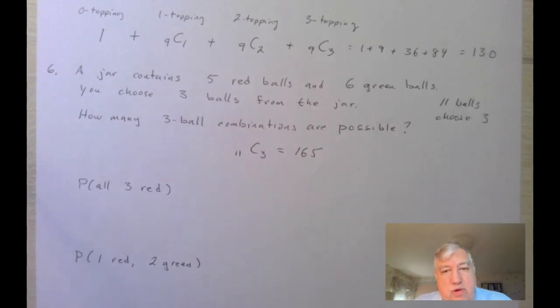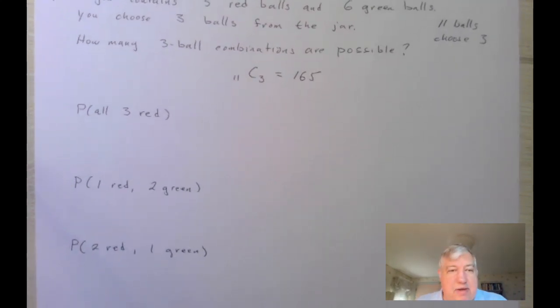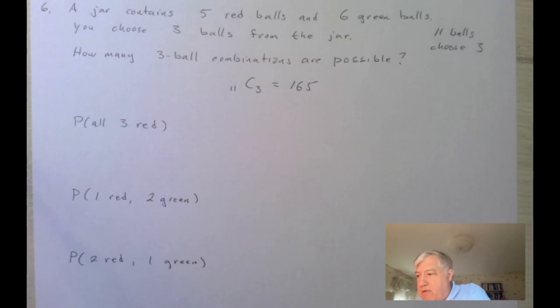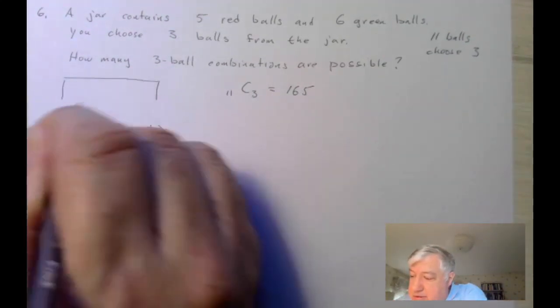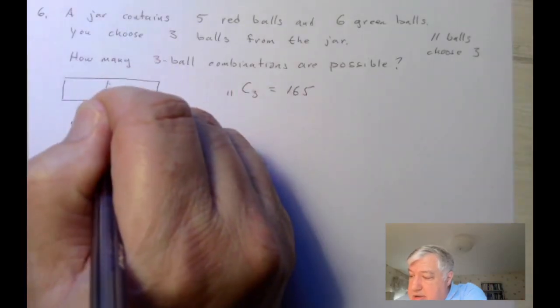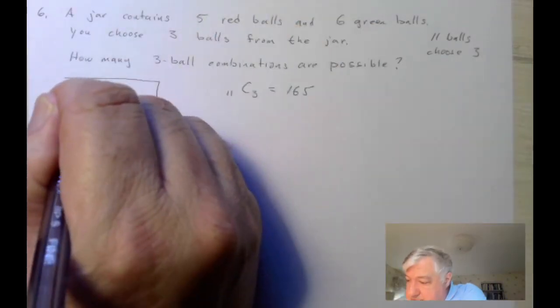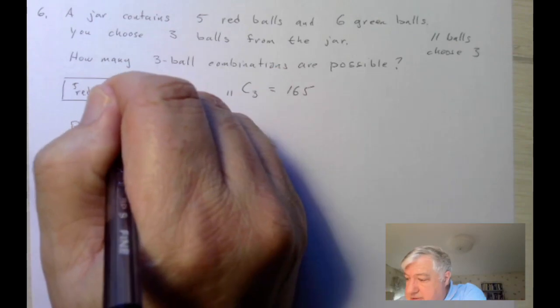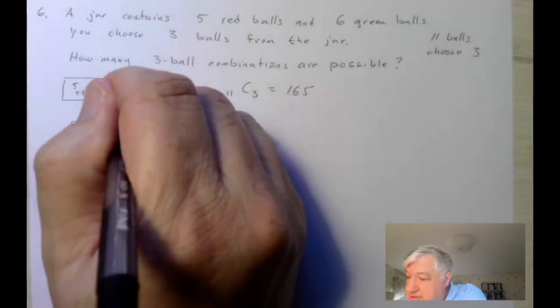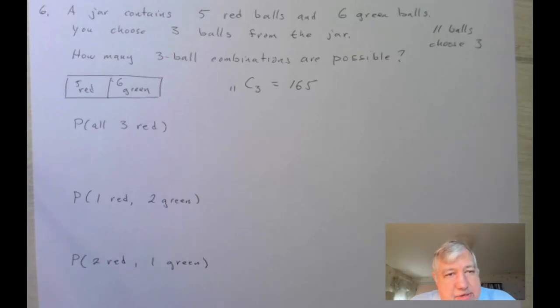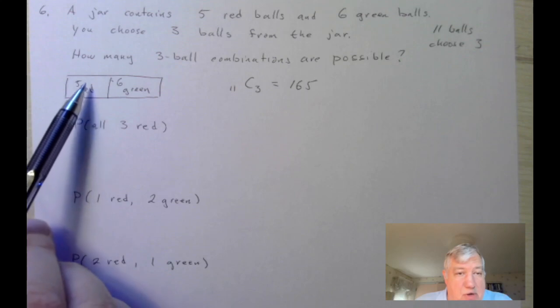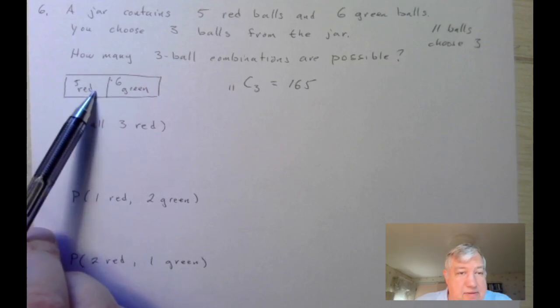All right, now based on that information, we want to find the probability that all 3 are red. Here's our 5 red balls, and then here are our 6 green balls. If I were to ask you, give me 3 red balls, you would choose 3 balls from this set of 5, right?